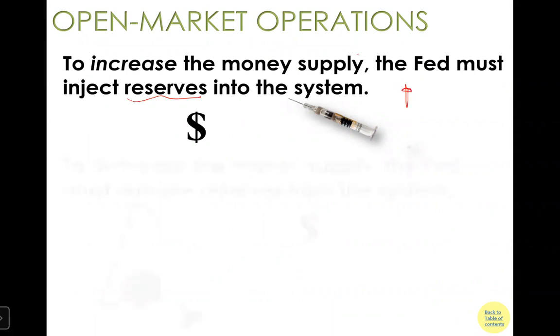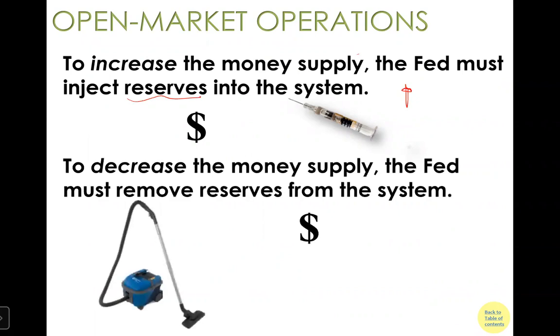They can purchase bonds from the bank. On the other hand, in order to decrease the money supply, the Fed will remove some reserve. The way they remove reserve is by selling bonds.